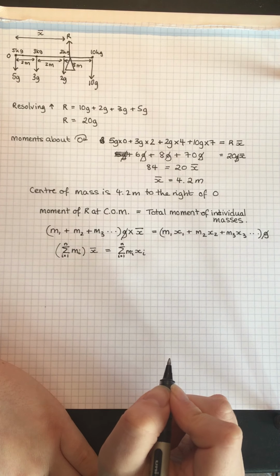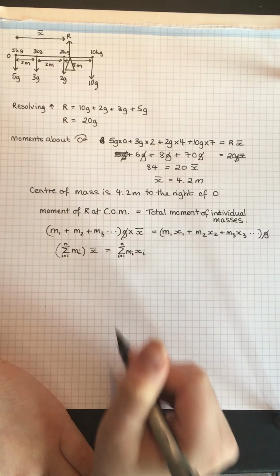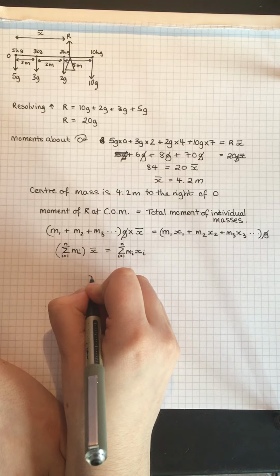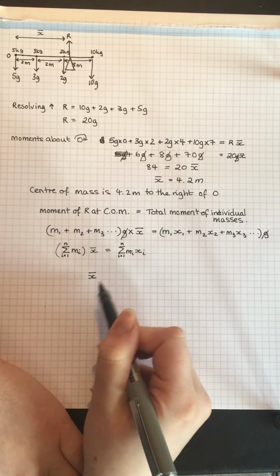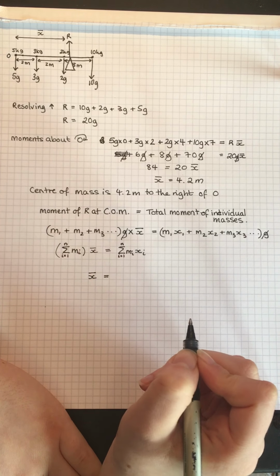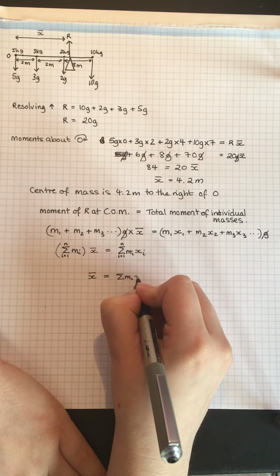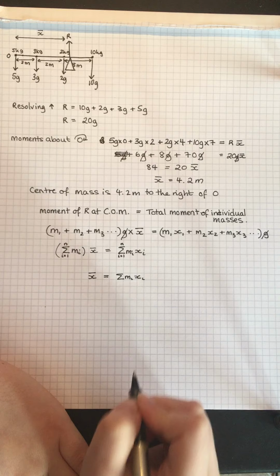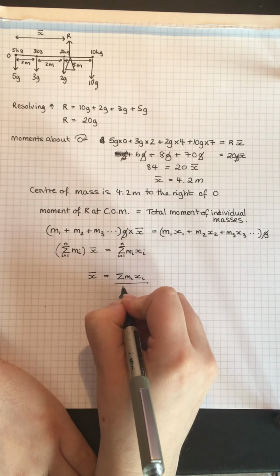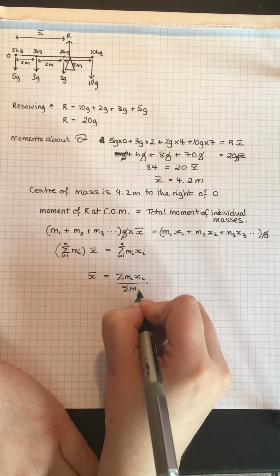So we can then write that even more simply as just the distance of the centre of mass from the origin is equal to the sum of the point masses times their distances from the origin divided by the total mass.